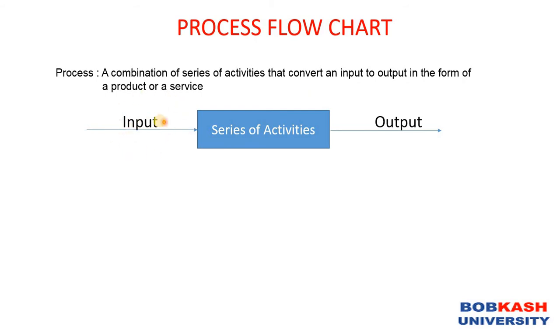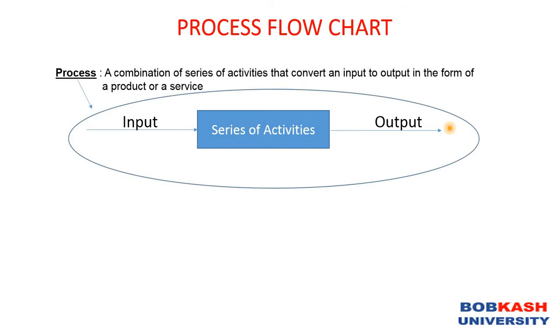So we have the input here, and here we have a series of multiple activities joined together, giving out an output in the form of a product or a service. This is called a process. So the series of activities including the input and the output is called a process.